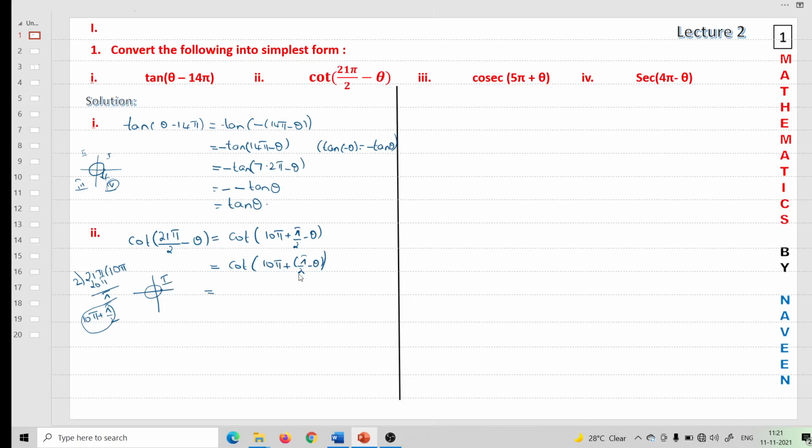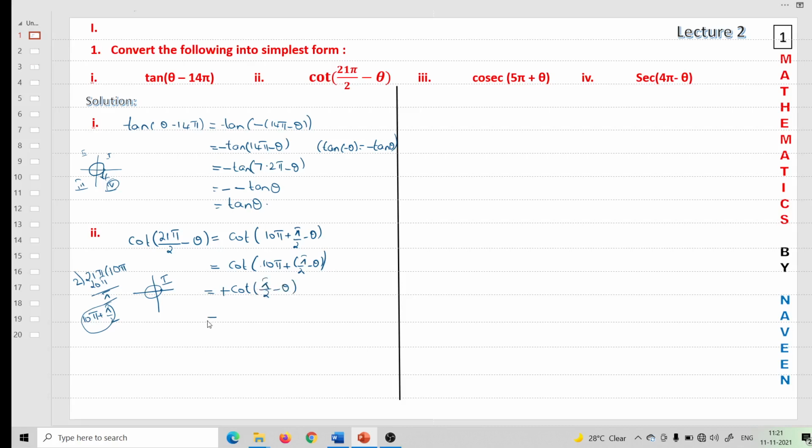So all trigonometric ratios are positive. Plus 10 pi: pi by 2 is multiplied by 20. 20 is an even number. If n is an even number, then there is no change in trigonometric ratio. So simply we can write it as cot only. Cot of pi by 2 minus theta remaining.